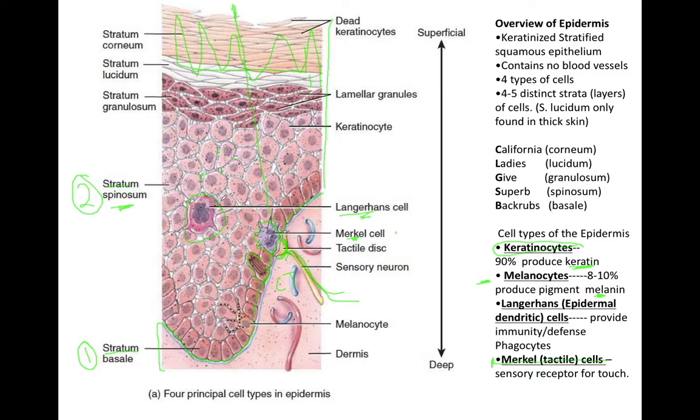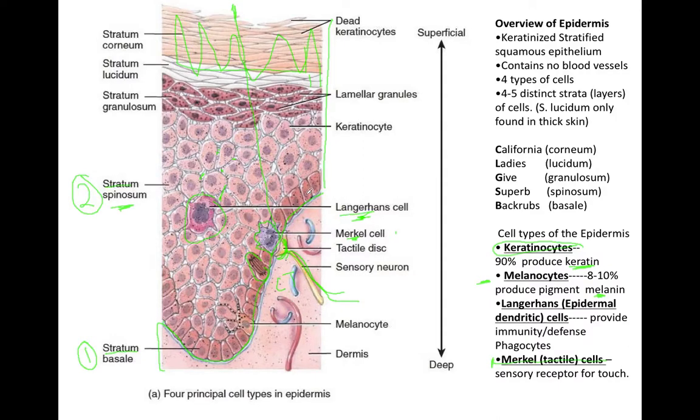These are phagocytes, part of your immune system. They are there to help protect you if any foreign invaders penetrate your skin and get into the stratum spinosum. We're going to have these Langerhans cells in there to help fight off that infection or invasion. So Langerhans cells, part of your immune system.